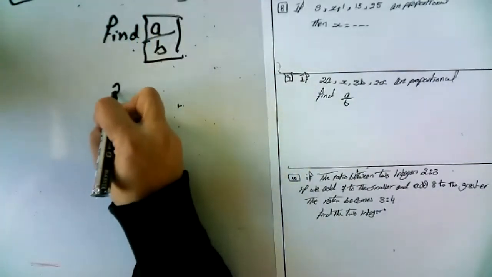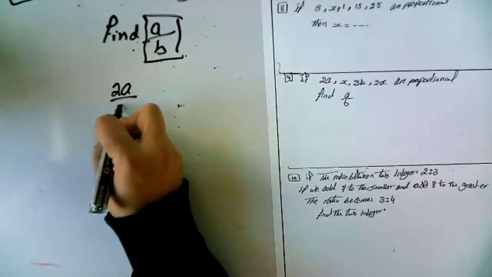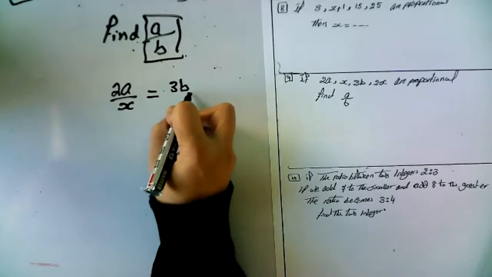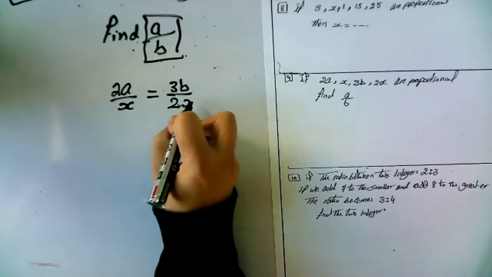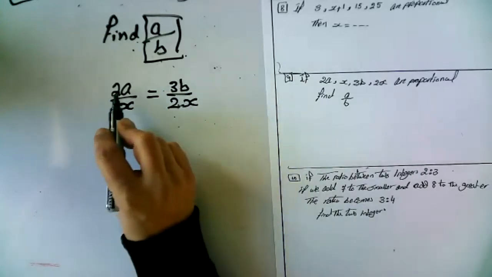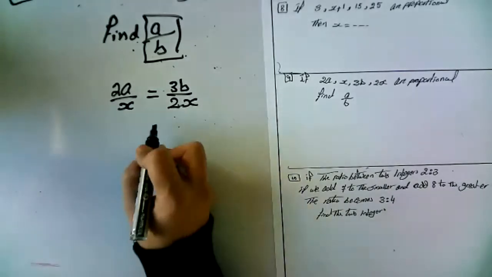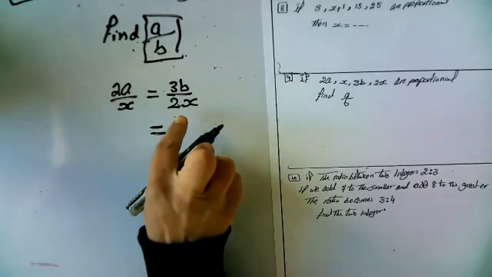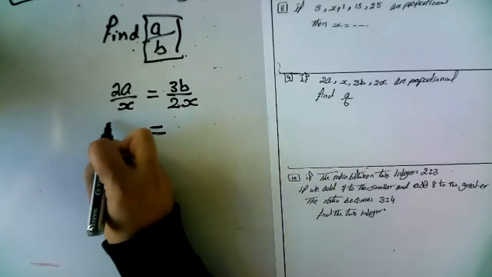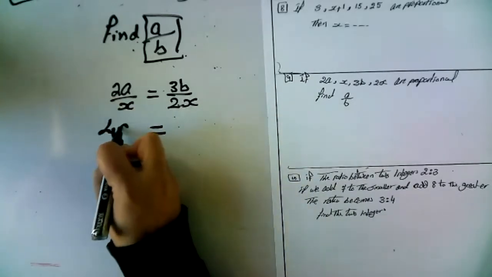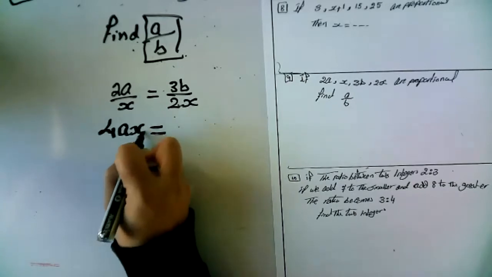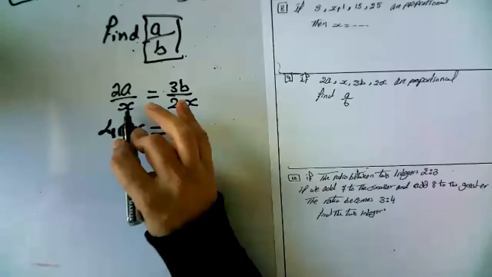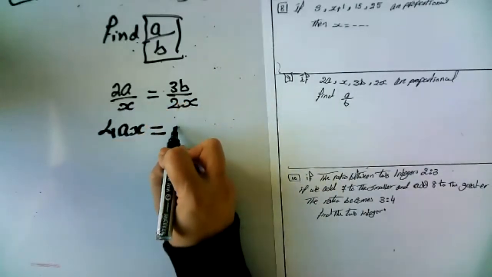Then 2a over x equals 3b over 2x. By crossing these ratios, you will get that 2a times 2x is 4ax, and 3b times x is 3bx.